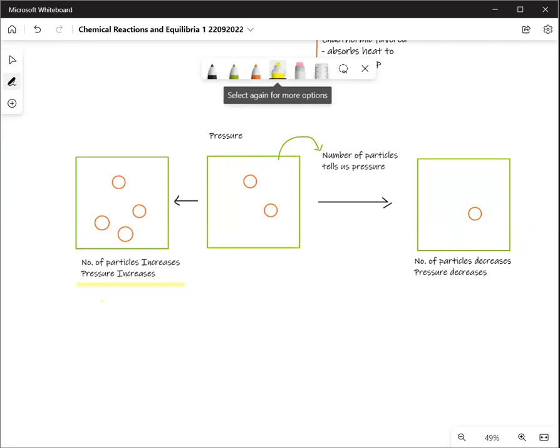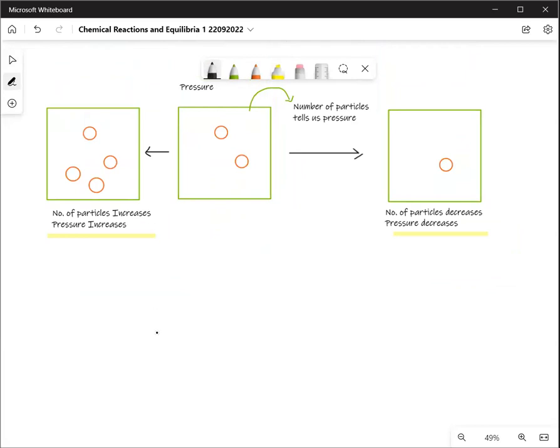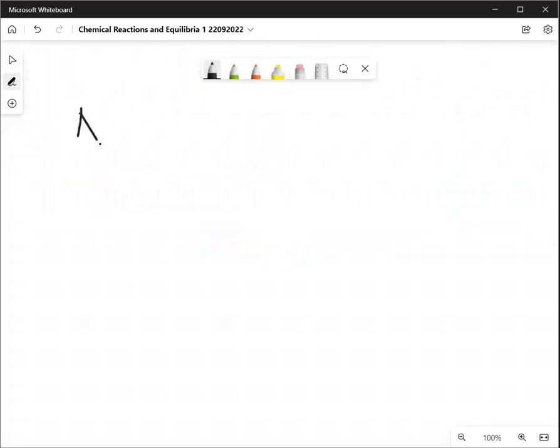Okay, so if you have more particles, then more pressure. Is that clear? Yeah. Less particles, less pressure. Okay, now let's look at an example, something which you will be asked in the exam.